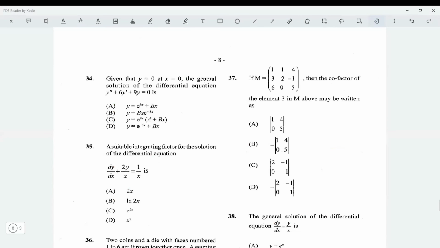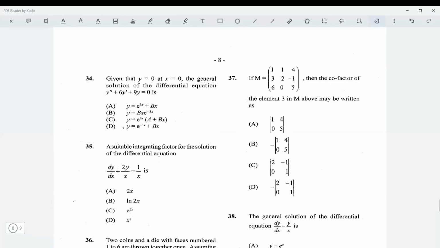This question says, given that y equals 0 at x equals 0, find the general solution of this differential equation. As we can see right here, we have y double prime plus 6y prime plus 9y equal to 0.